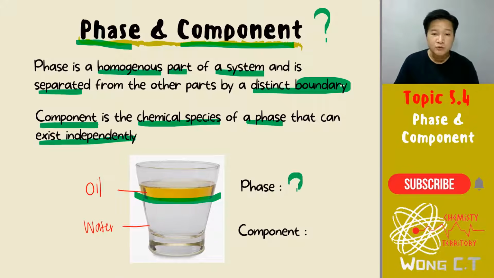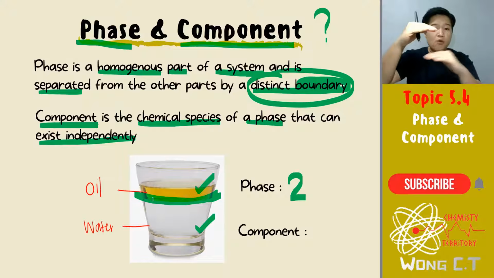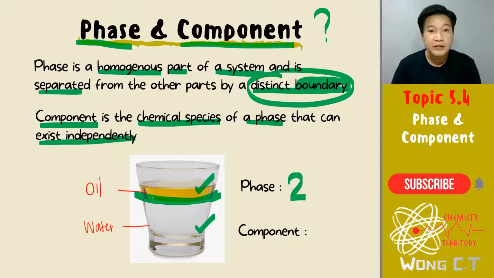You have two phases. One is your oil, another one is your water, because they are not mixing together. And you can see the distinct boundary over here. We can see that your oil and your water are separated by a layer. That is how we determine phase.